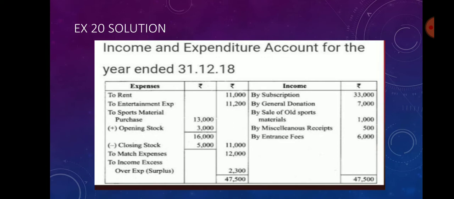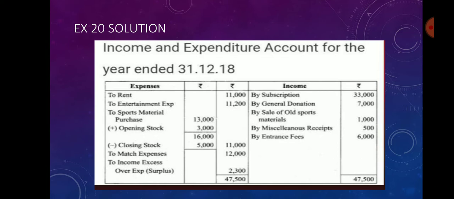It helps to enable the members to know the working of the organization and to know whether its income is sufficient to meet its expenses. It can be prepared from a given receipts and payment account. The concept is that opening and closing balance of cash and bank account in receipts and payment account must be excluded.